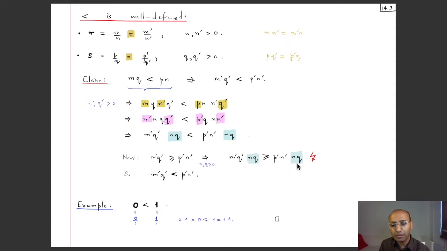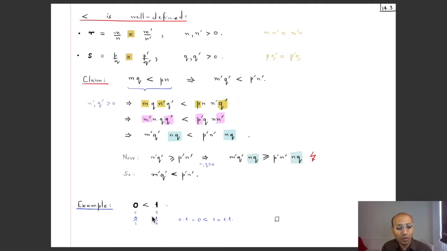But this thing is the exact opposite of this thing. And since we know that this holds, by the trichotomy law, this cannot hold. And so we have got a contradiction in this case. So this cannot hold. But by the trichotomy law, that means that m'q' is strictly less than p'n'. And that's what we wanted to show. So this shows that this relation is well defined.